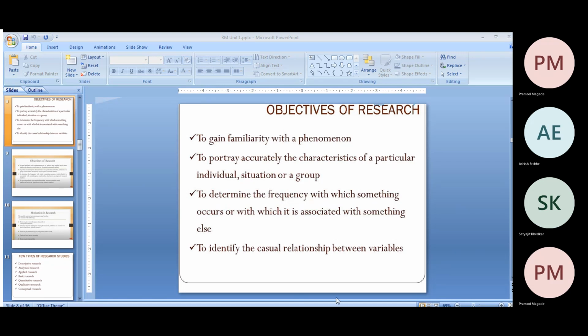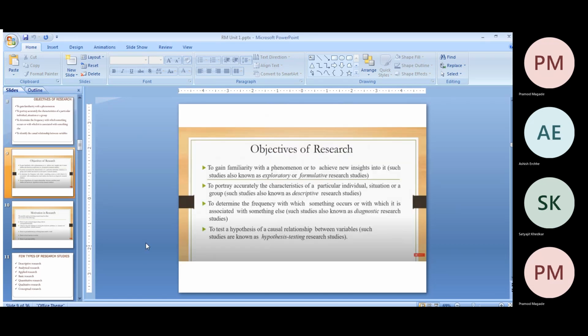Okay, Satyajit, no problem. So this is a kind of objective structure. Somewhat of a definition regarding objectives I have quoted over here. I'll just read it. In case of the objectives, you can see, to gain familiarity with the phenomena, same as the previous one. So formulating a research study, of course, we'll have to check the laws, principles, and formulations which can already be incorporated.